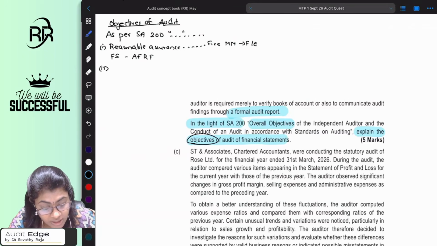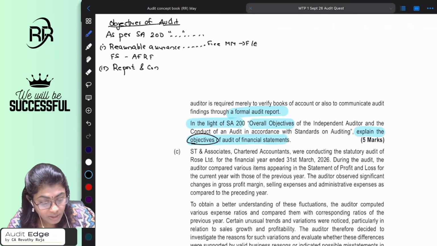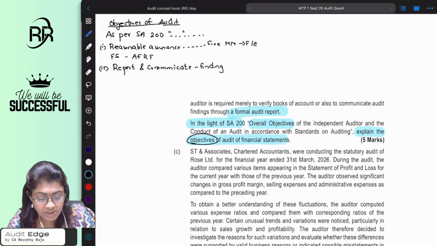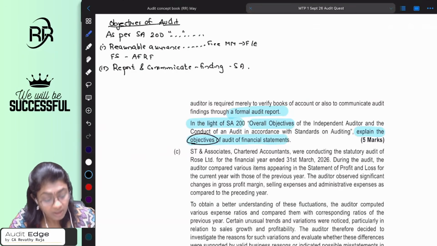Second, the auditor has to report and communicate the findings in accordance with SAs. Hence, the auditor has to provide only a reasonable assurance.